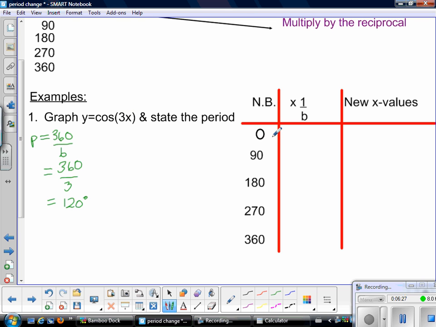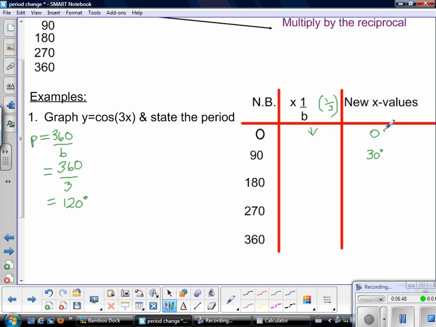So I would take my values and multiply by the reciprocal. In this case, I'm multiplying by 1/3. And obviously, when I do that all the way down, I end up with my new values. 0 times 1/3 is still 0. 90 divided by 3, or times 1/3, same difference, is 30 degrees.